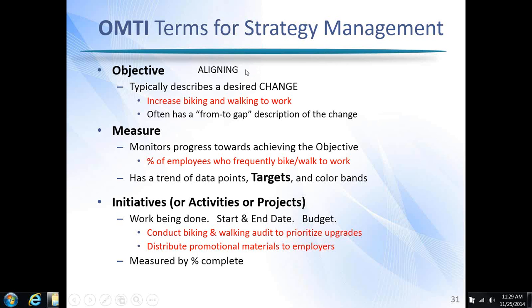So the objectives are really about aligning and understanding the change, and they usually start off with objectives that require many organizations working together. The measures are for monitoring, and then you describe specific initiatives or activities for delegating and for holding organizations accountable for doing their piece of the overall game plan.